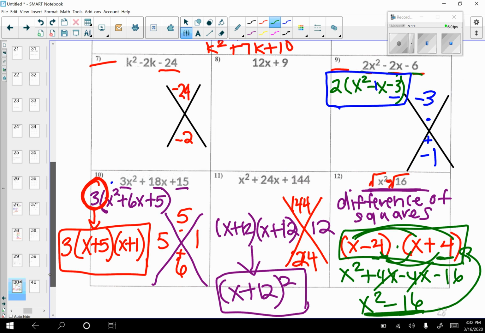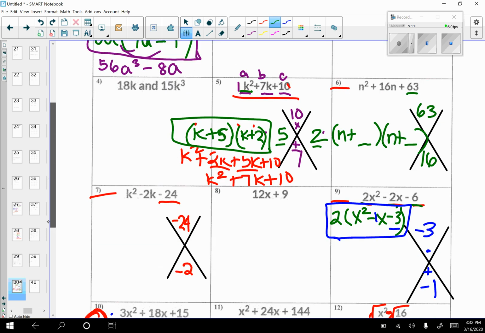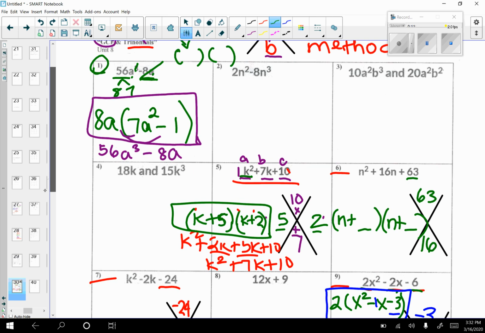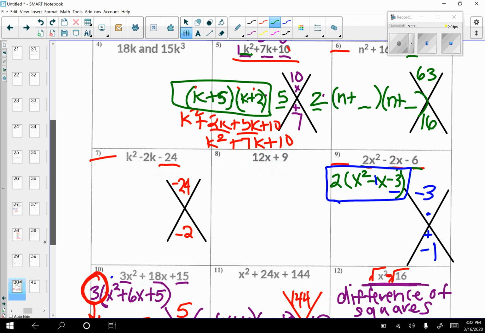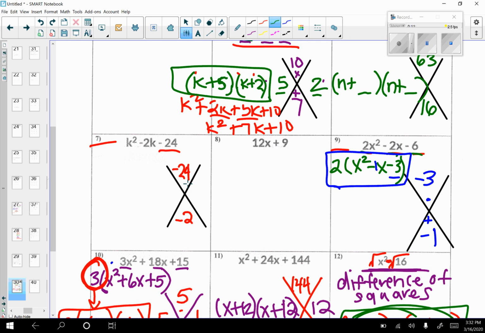All the x method ones we already set up together. Here you need to find two things that multiply to negative 24 and add to negative 2. First think, what about 12 and 2? No, those won't add to 2. What are some other ones? 8 and 3, no, I can't get 2 that way. But 6 and 4, I can.